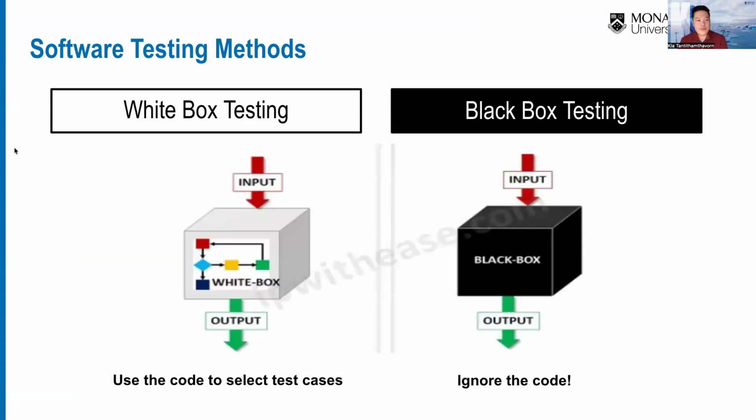The difference between white box and black box is that when you do white box testing, you actually see the code inside, like if something and then else something. However, when you do black box testing, you don't know what is inside the code, but you need to come up with the test cases based on the requirement. That's the pros and cons.